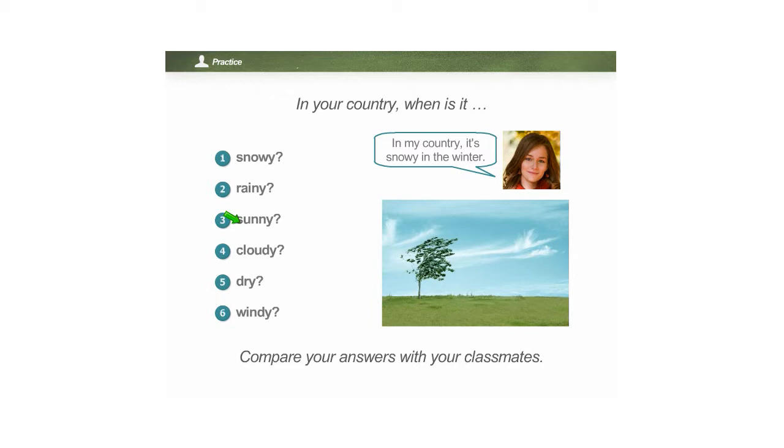I don't speak very well, but I like. In my country, 18% of the year it's sunny. I like sunny. Thank you. So when is it? Is it in winter or other season, in fall maybe? You need to tell us about the season.